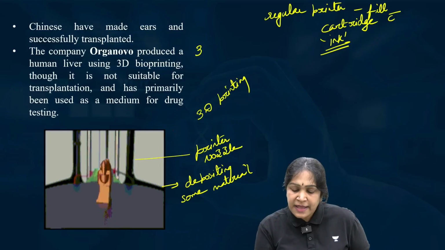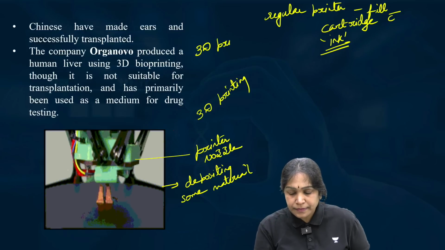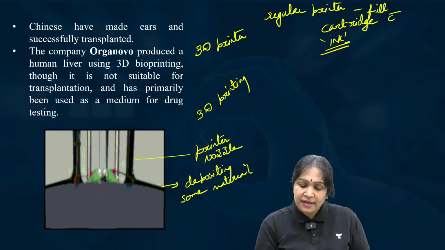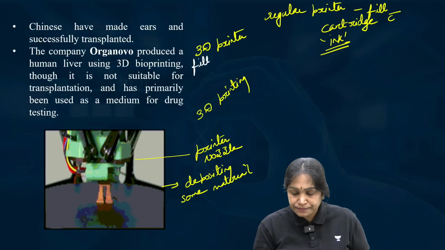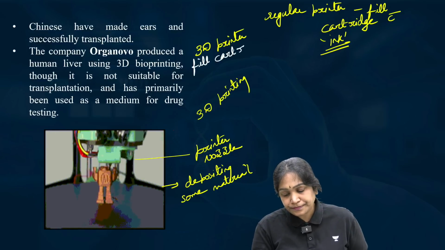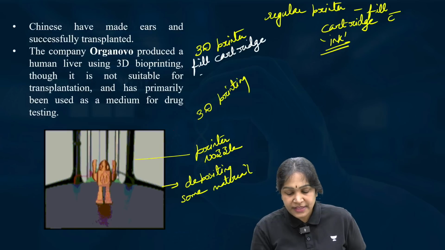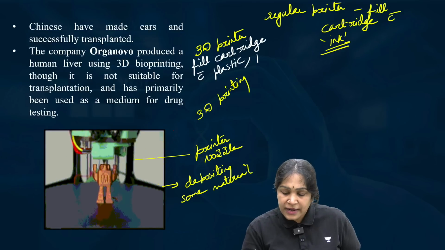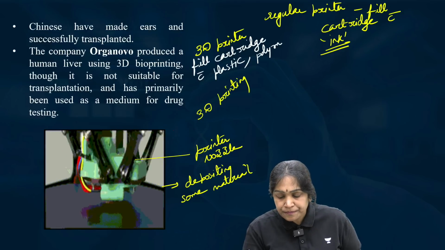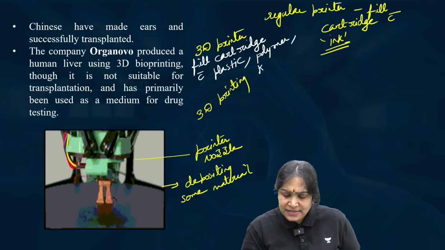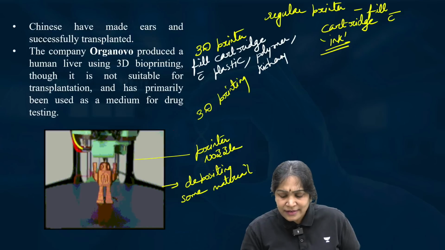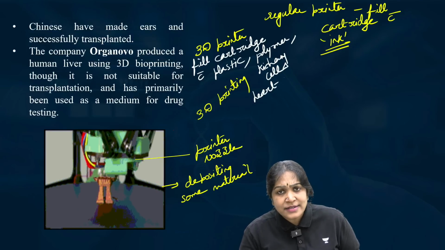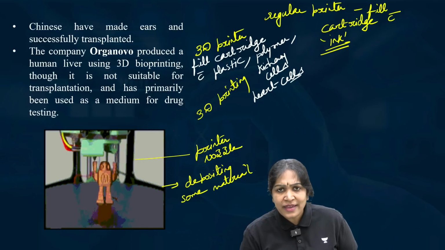But in the 3D printer, we fill the cartridge with plastic, or any polymer, and kidney cells. I hope you understood this. Kidney cells, heart cells. Why?